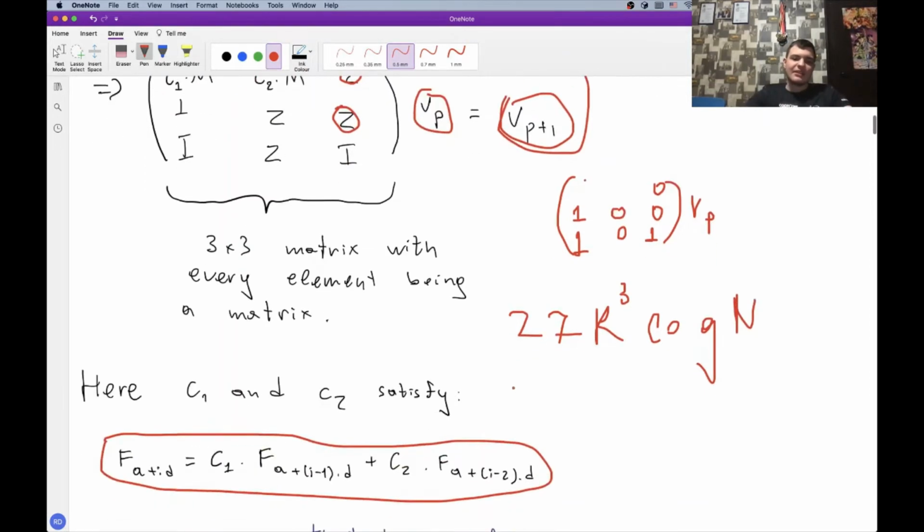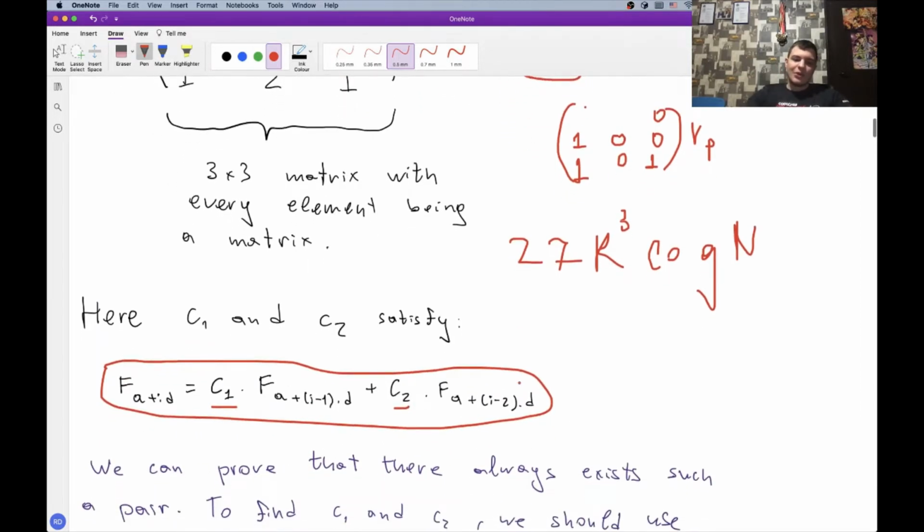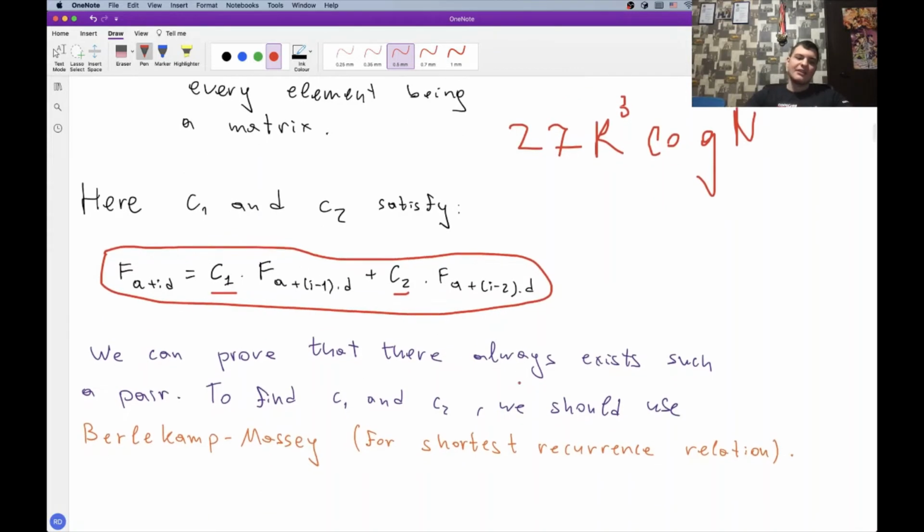However, we still have this small problem that we don't know how to find C1 and C2. And here comes one of the prerequisites for this problem, which is the Berlekamp-Massey algorithm. Imagine you have some sequence and you know that it follows some linear recurrence relation.